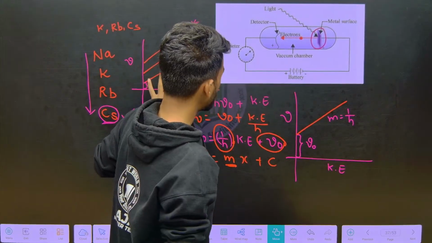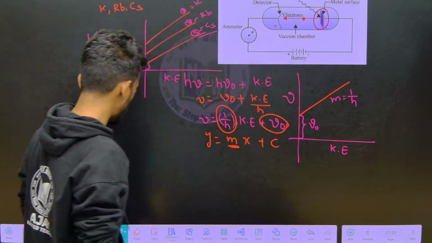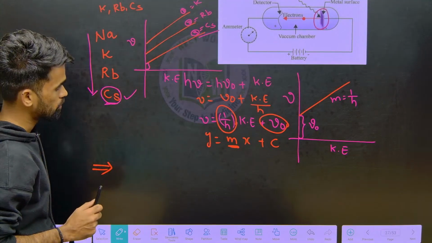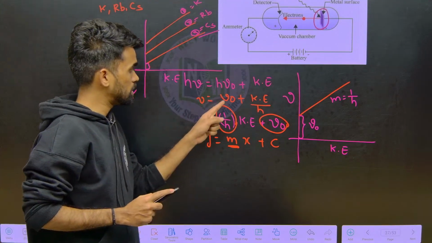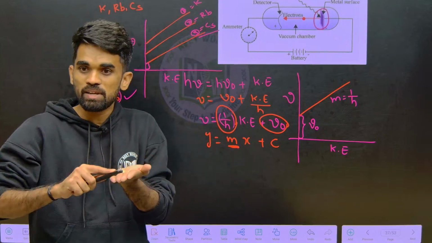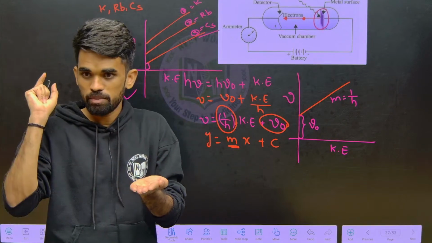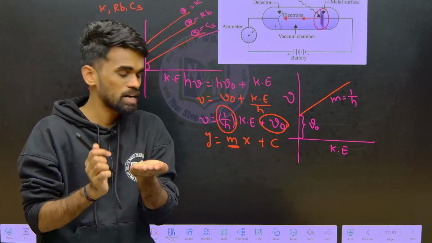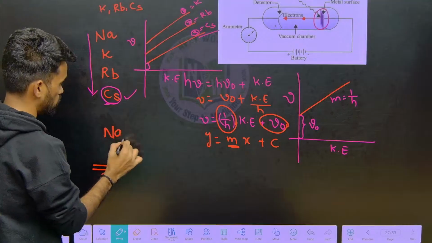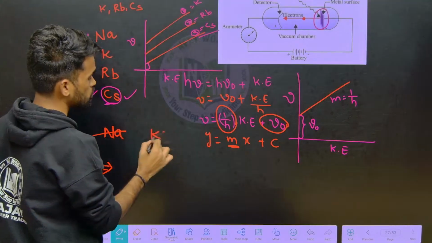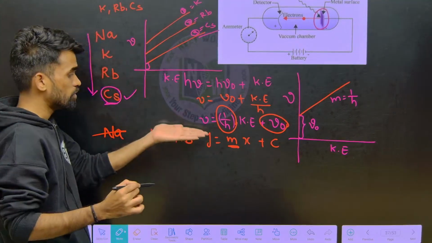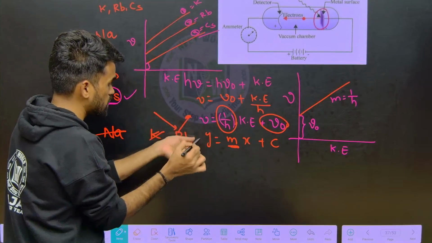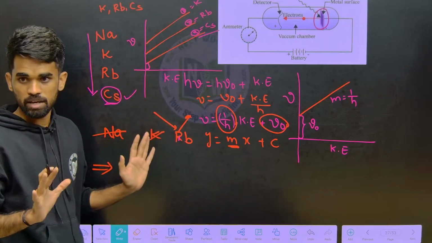Okay. So there are 2 statements you should remember in this photoelectric effect. What are the 2 statements? One is that the threshold frequency for a particular metal remains the same. What I am saying is, the threshold frequency of a particular metal remains the same, because whether I have sodium metal, or potassium metal, or rubidium metal, its threshold frequency, the minimum amount of energy required to eject an electron from this metal surface, will remain the same.